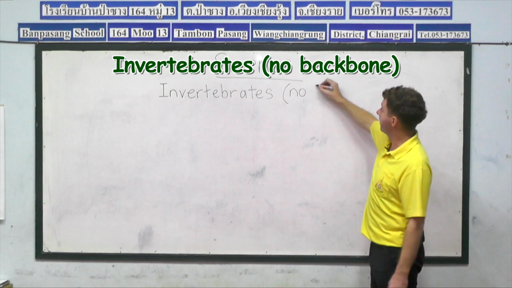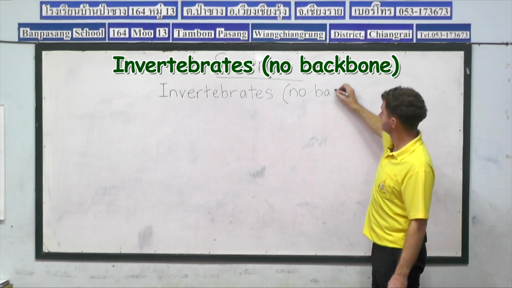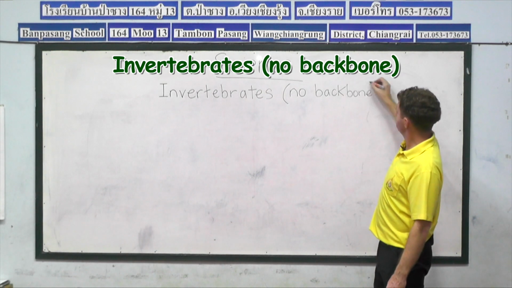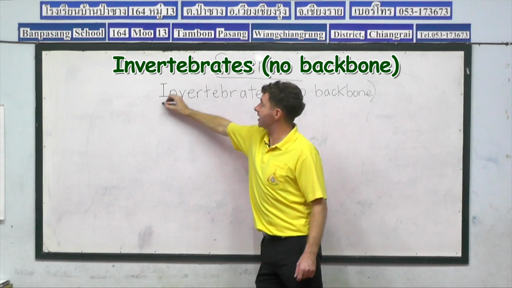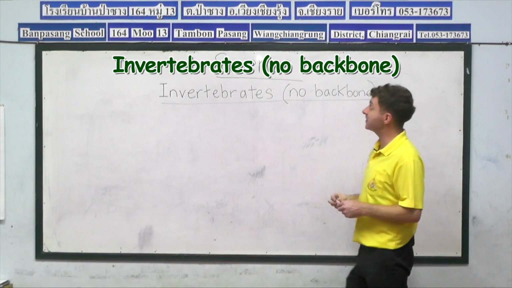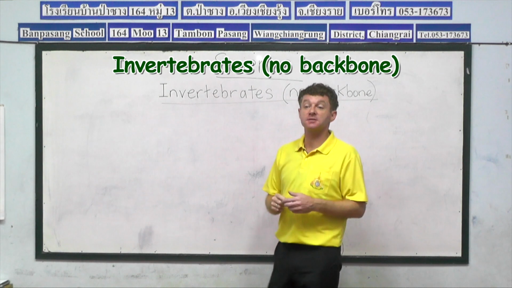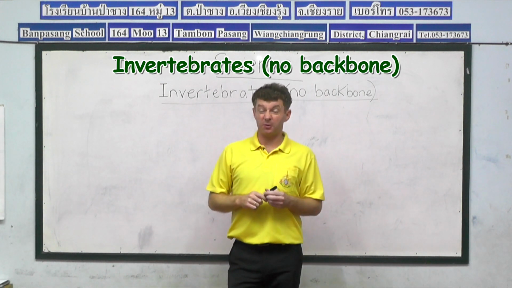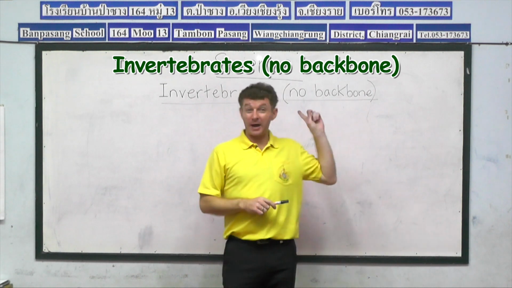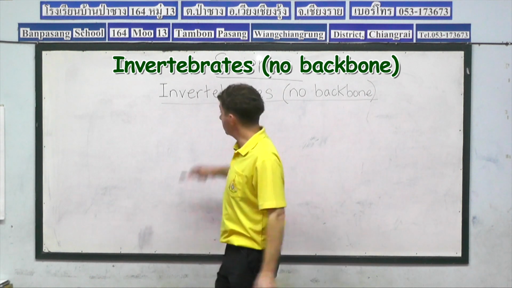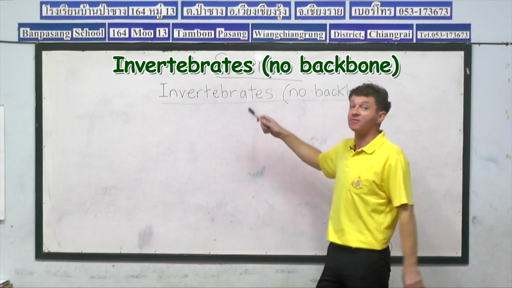No backbone. Invertebrates are animals that do not have a backbone. So altogether, guys, invertebrates, no backbone. For example, humans, we're not invertebrates. We have a backbone. So we can't belong to this group of animals.